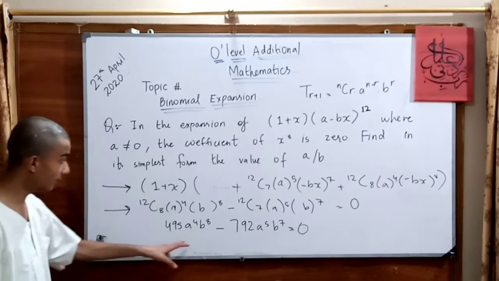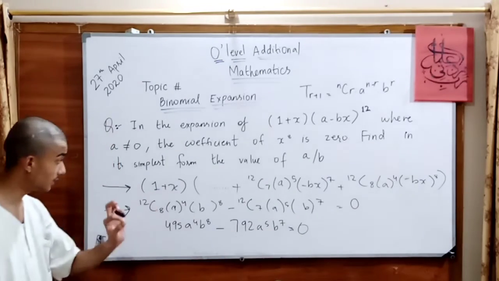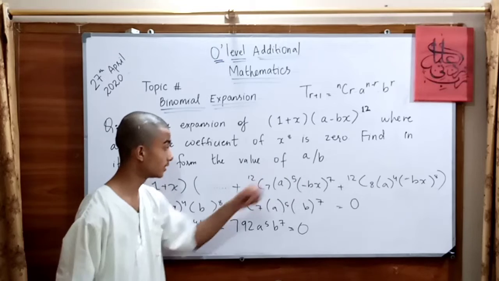We have taken the minus common here. Now we have these two values, and we have to find the ratio of a to b.